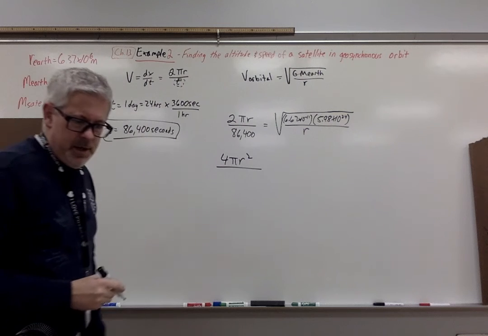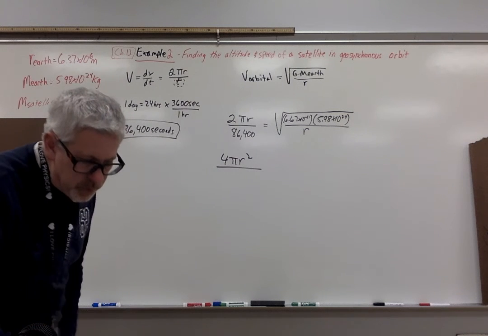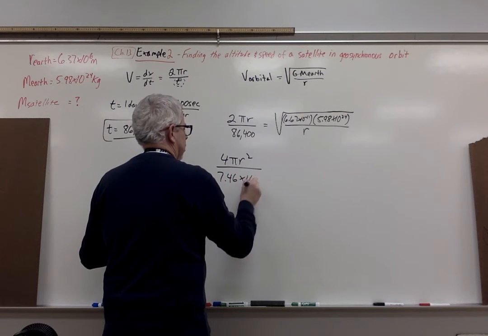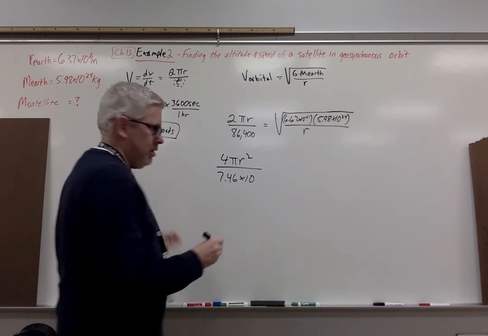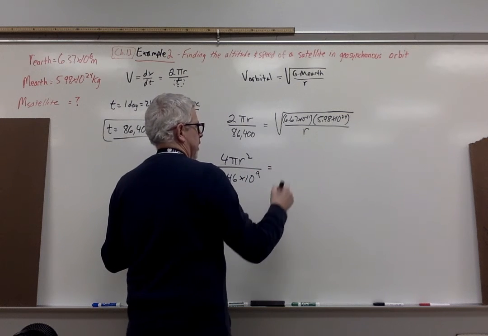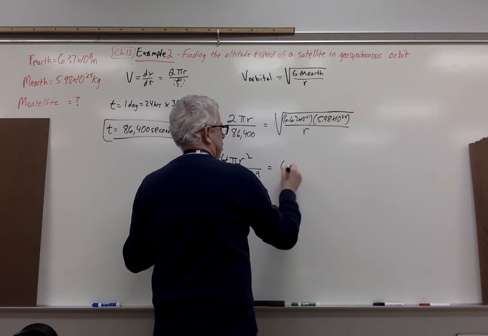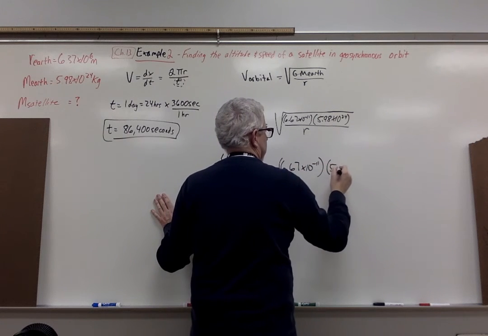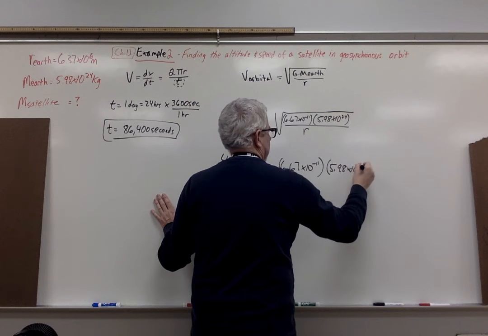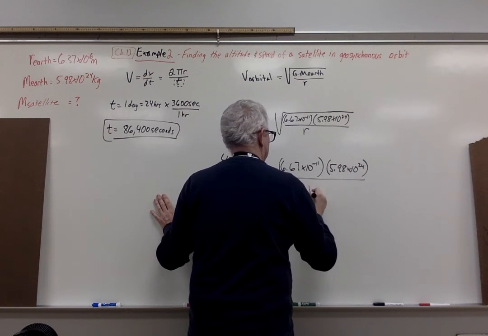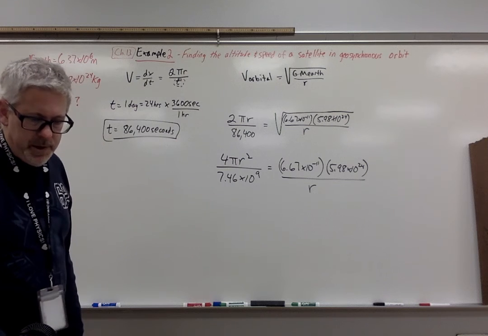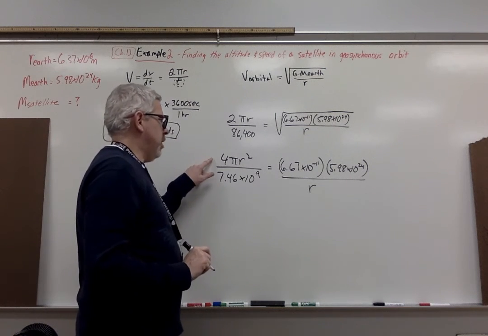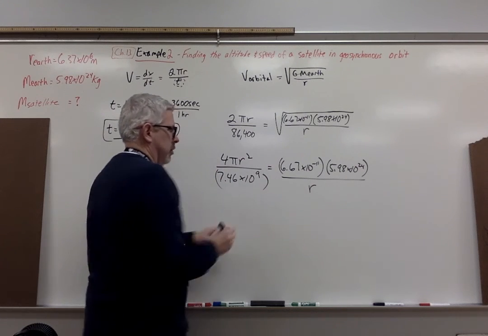When I square this, it gets me 7.46 times 10 to the 9th. And that equals this, which is 6.67 times 10 to the negative 11th, the mass of the Earth, all over R. So now I'm going to do some cross multiplying and re-algebraing, and I basically do get 4 pi squared r cubed equals all these numbers put together.